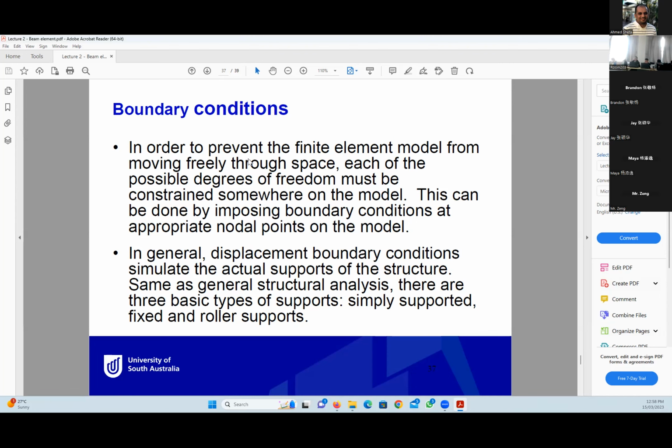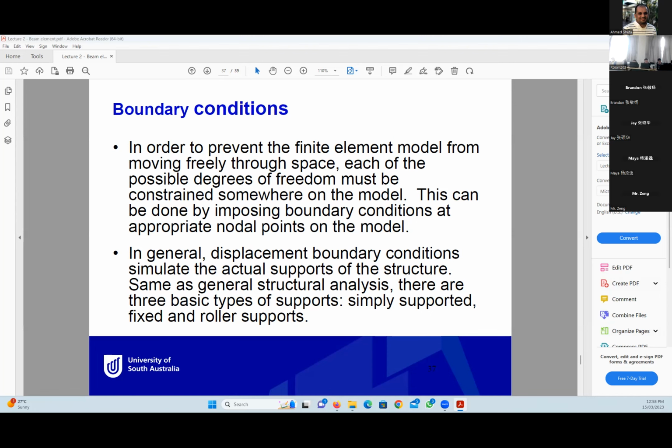The fixed support prevents the movement in x direction, y direction, and rotation, so we have three reactions. In general, the displacement boundary conditions simulate the actual support of the structure. Same as general structure analysis, there are three basic types of support: simply supported, fixed, and roller support.